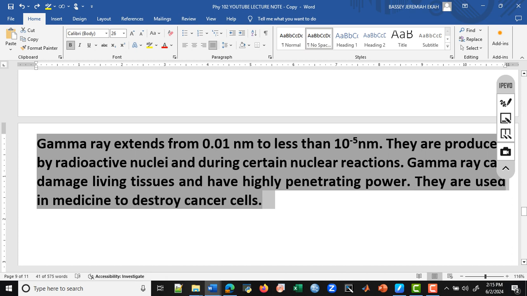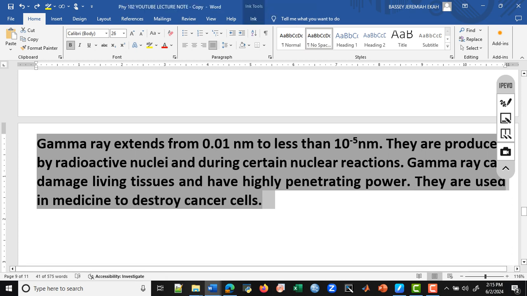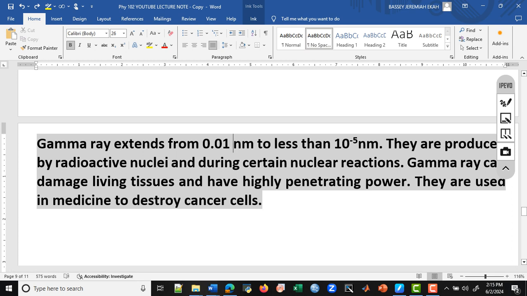When they say nanometer, what do we mean? 10 to the power minus 9. So it extends from 0.01 times 10 to the power minus 9 meters to less than 10 to the power minus 5 times 10 to the power minus 9 meters. Are you with me? Okay, I move further.